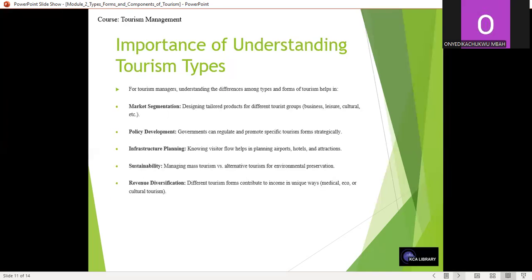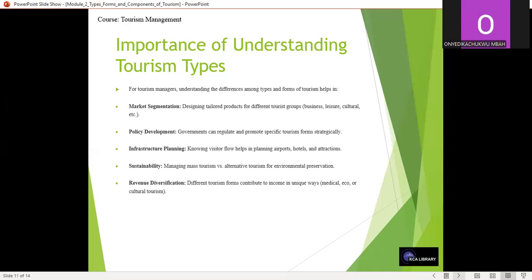Now, we have the importance of understanding the tourism types. In other words, why is it important for you to understand the different types of tourism? For tourism managers, understanding the difference among types and forms of tourism helps in market segmentation, policy development, infrastructure planning, sustainability, and revenue diversification.